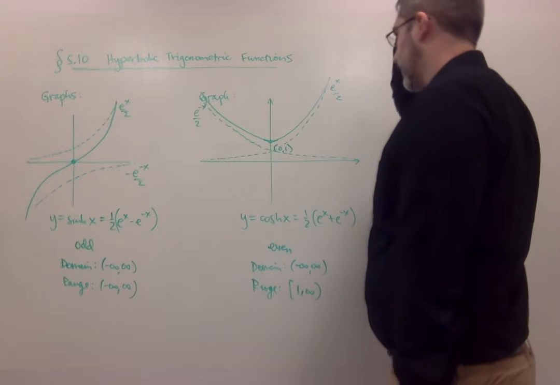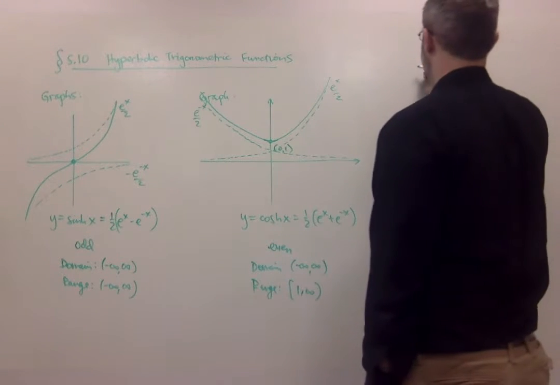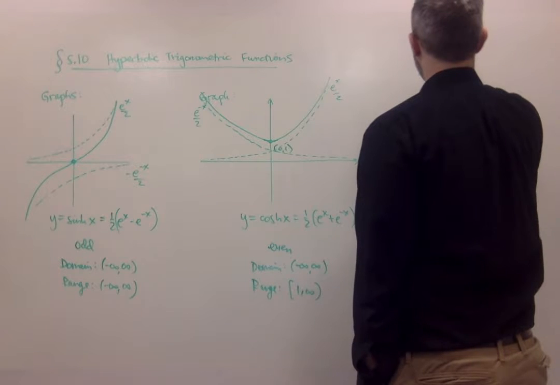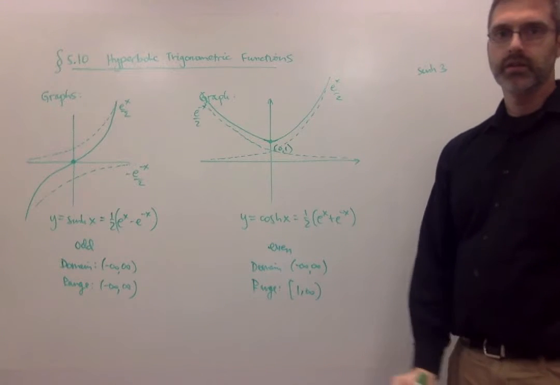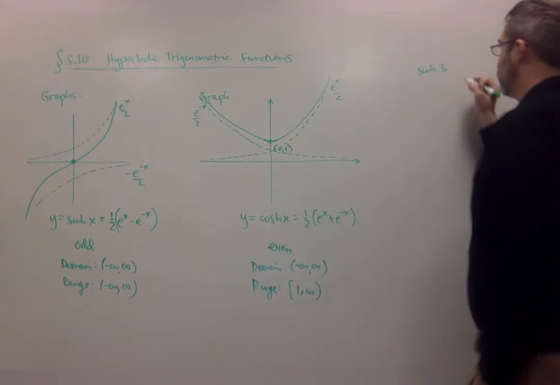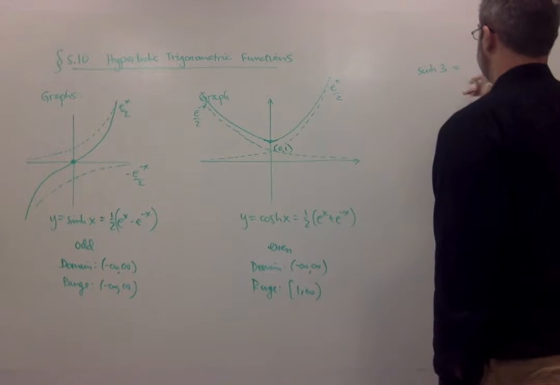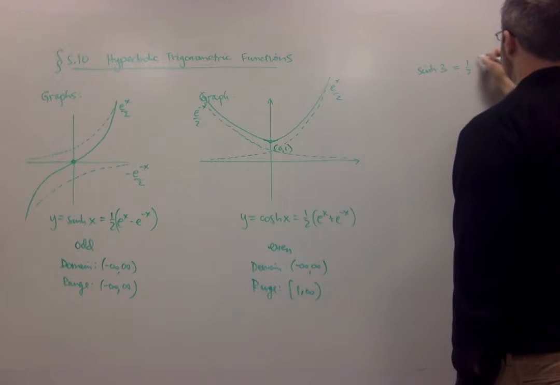Now, if you ever had to plug numbers into these functions, like if somebody said, what's sinh of 3? Almost invariably, what you should do, and I'll give you a rule for when you need to do this and when you shouldn't, is you should just switch to the definition.